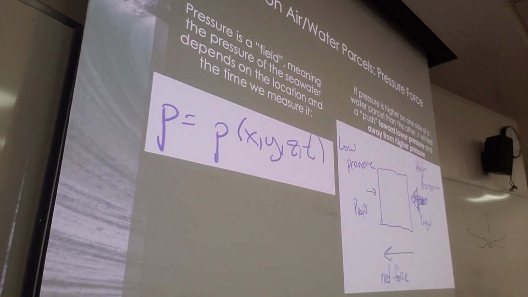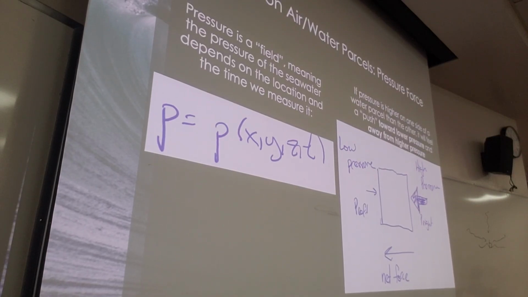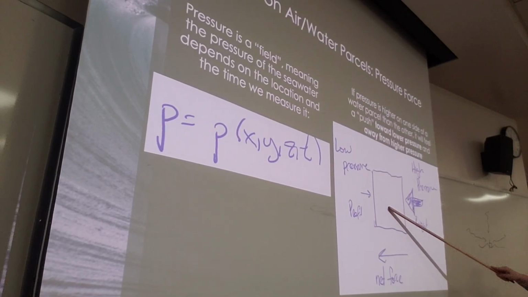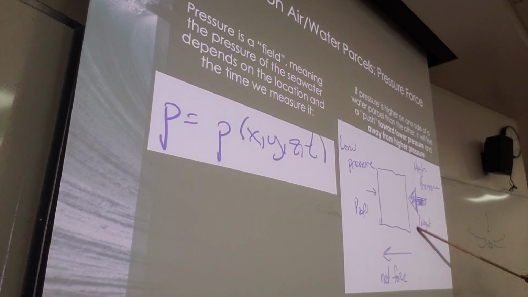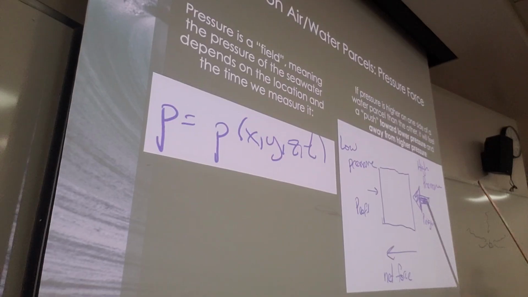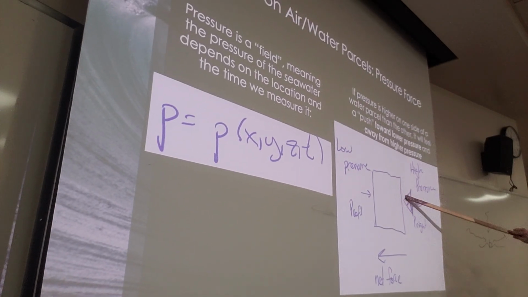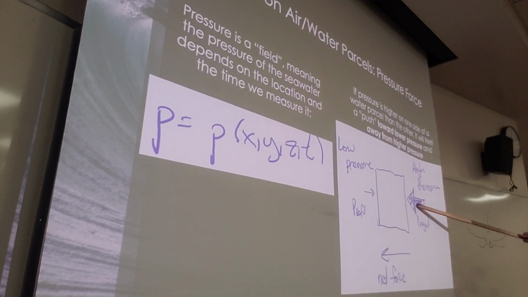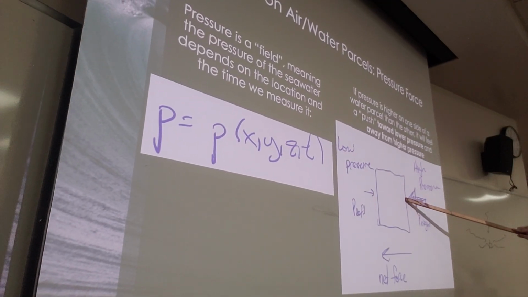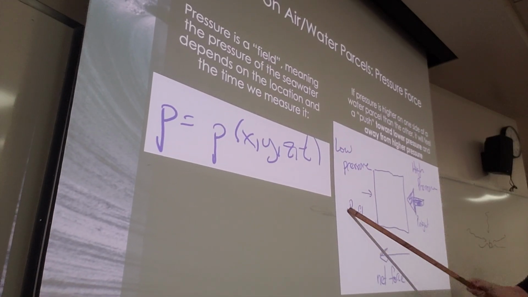So if the pressure is not uniform, if it varies from place to place, what that might mean is that if you look at a bag of air in your flow somewhere, there could be a high pressure on one side and a lower pressure on the other side. That's something that might happen. In that case, we have a big arrow on the right-hand side, so the pressure force is pushing harder on the right-hand side of the parcel, and it's also pushing in on the left-hand side, but not as hard.